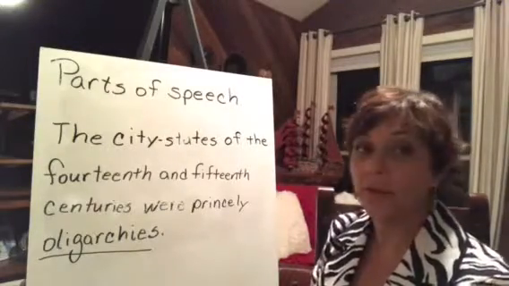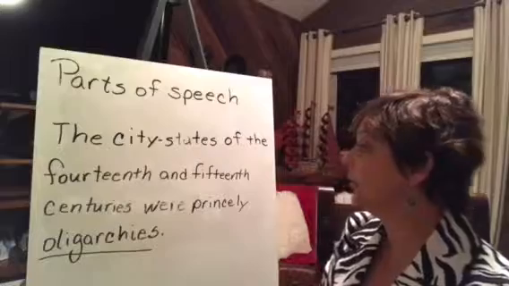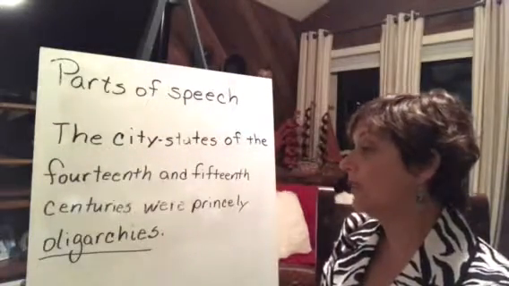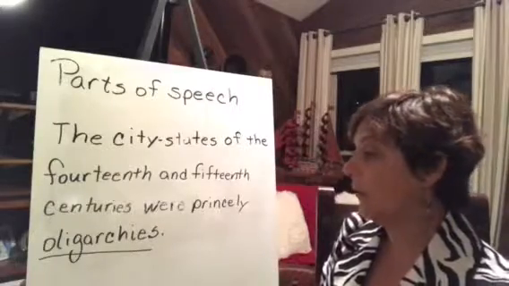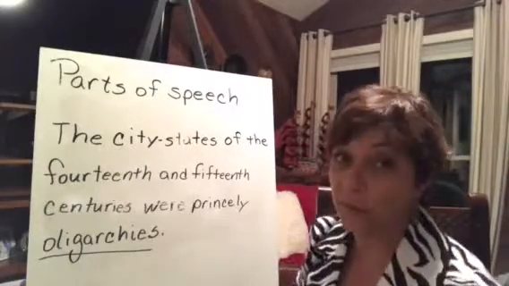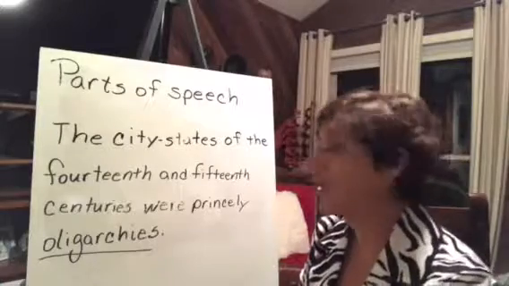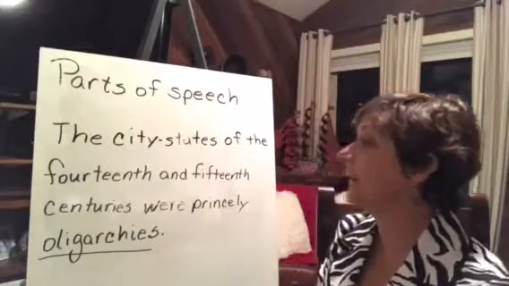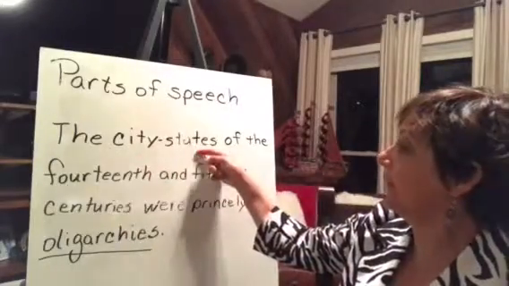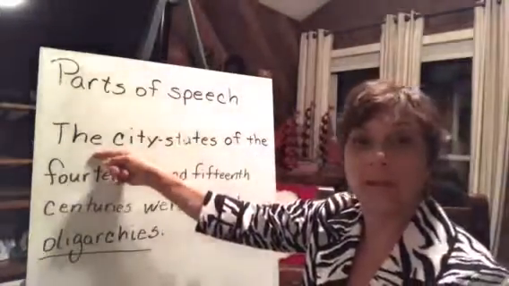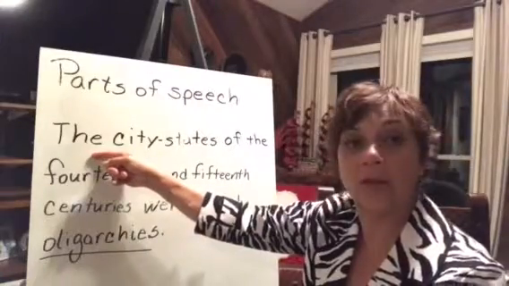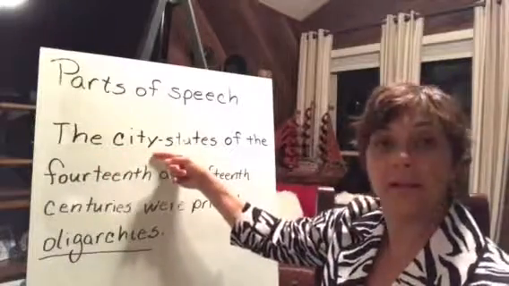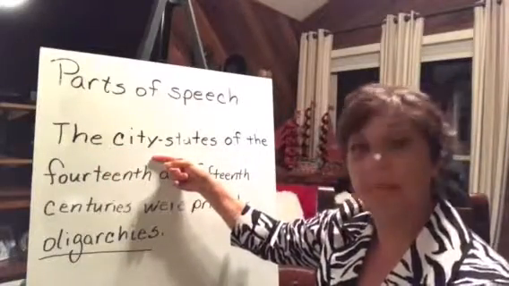So this example is in your book. The city-states of the 14th and 15th centuries were princely oligarchies. Oligarchies. That's the word. An oligarchy is a type, well, let's think about it. So the city-states, typically an article would precede a noun. So the city-states are nouns, right?